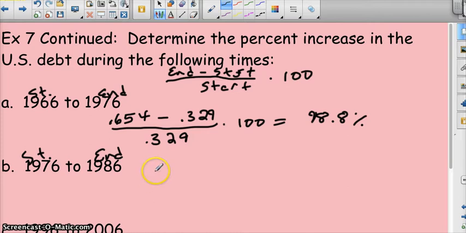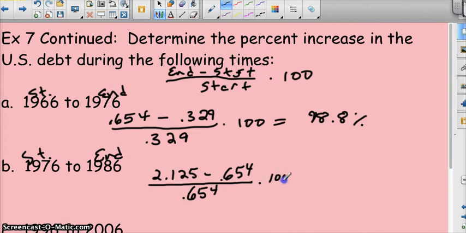Once again, the end, the actual amount of debt in 1986 was 2.125 trillion. We will subtract that from the starting amount, which was 1976, which was 0.654. We then divide that result by 0.654. And once we get that, we multiply it times 100.